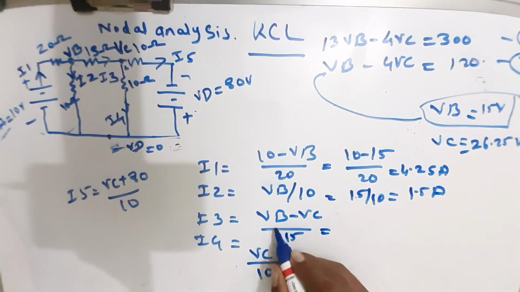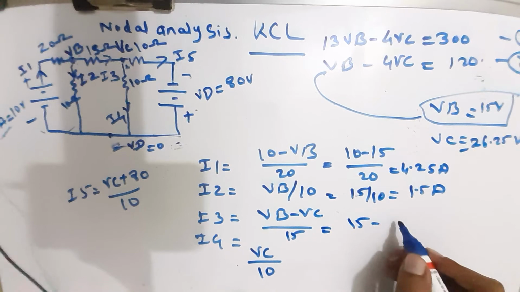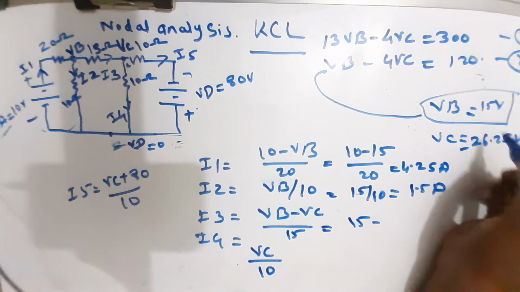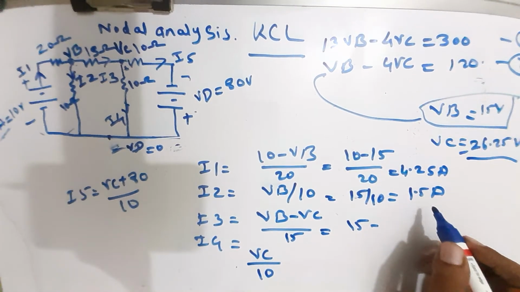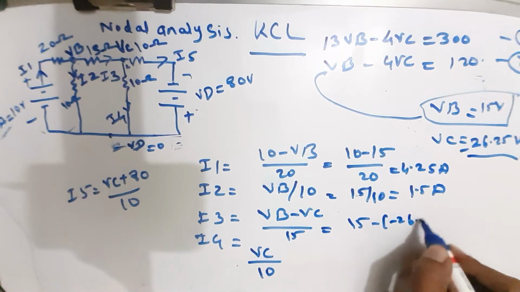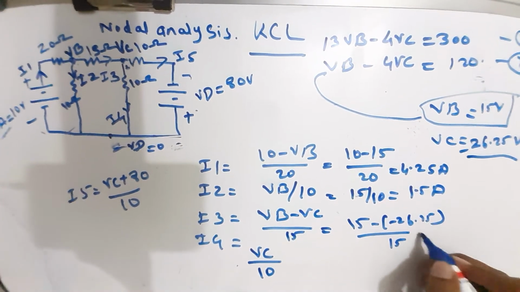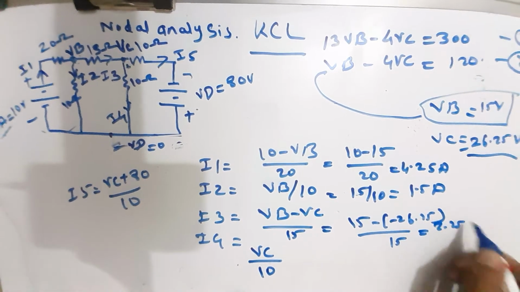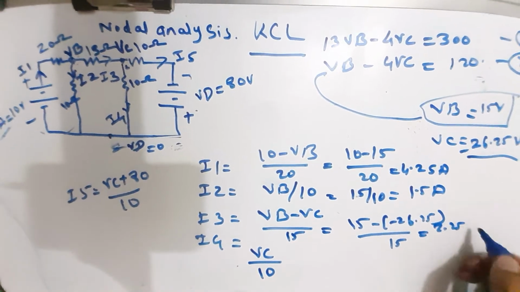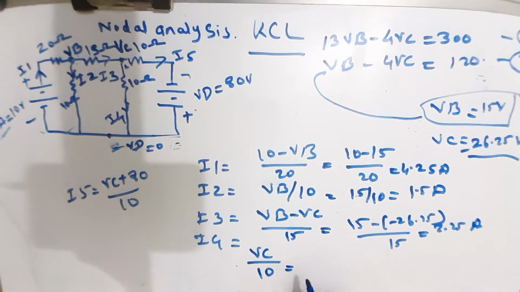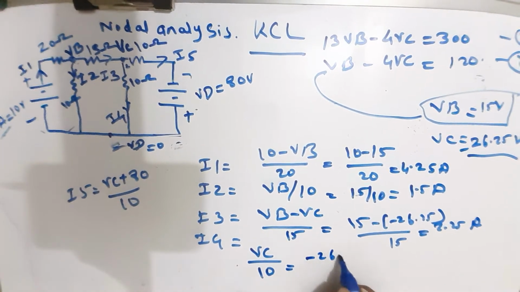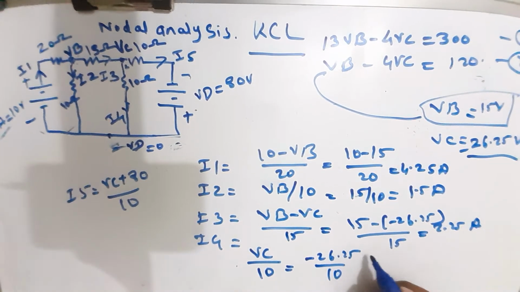15. So 15 by 10, that should be 1.5 ampere. Similarly here VB is 15 minus VC is what? Minus 26.25. So minus 26.25 divided by 15. So here it will come 2.25 amperes. Then VC by 10. VC is minus 26.25 divided by 10.